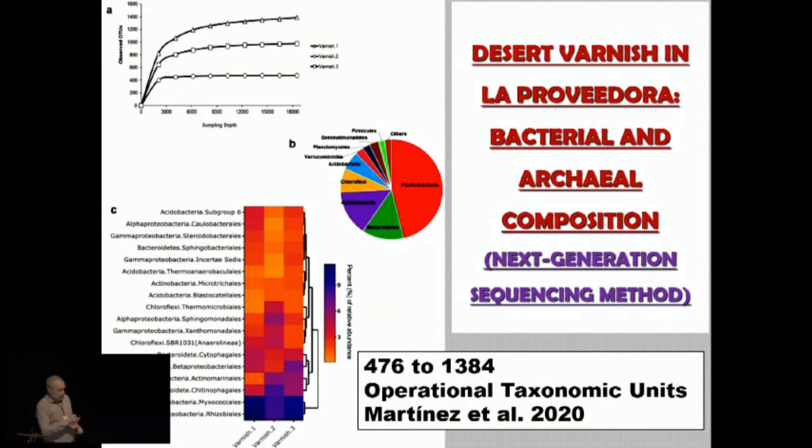And it resulted that diversity is quite big and comparable to or even higher than in the soils of the surrounding areas. So in terms of biodiversity, this is also quite a developed system.